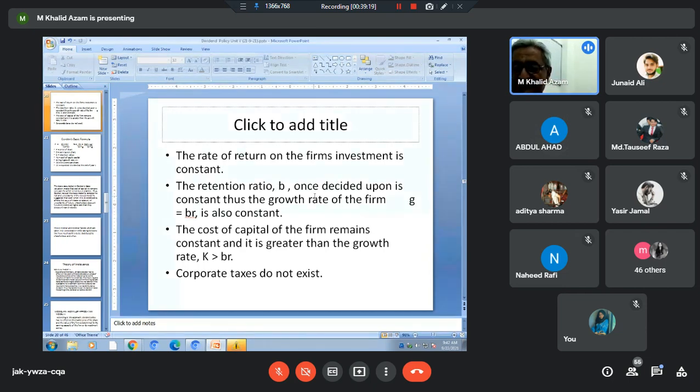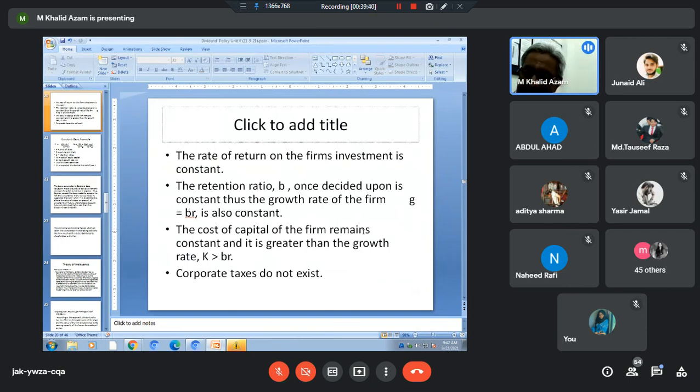So what he says is that the retention is your B, and the return we are going to consider is on the basis of R, whatever the rate of return is. He says that B into R is the part of growth, so he has given a term G, the growth part.